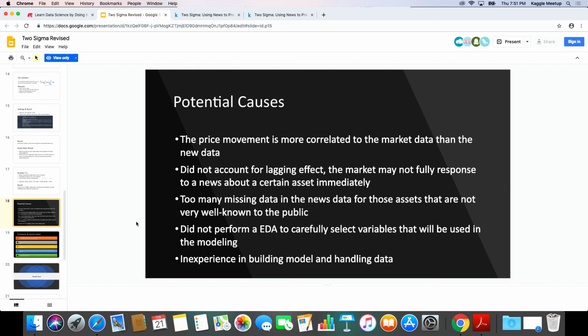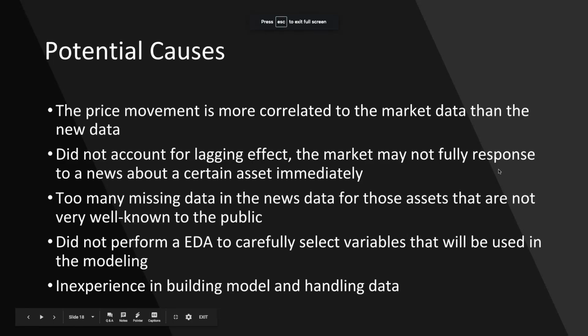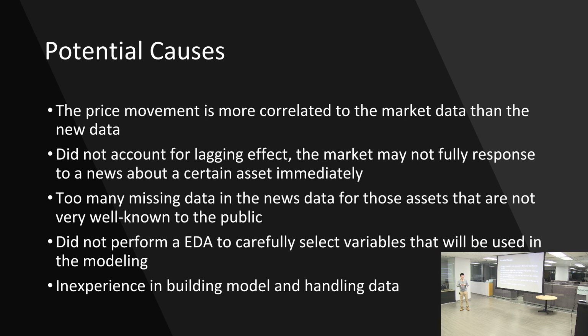When we compiled the first model, the model probably put a heavier weight on the values in the market segment instead of assigning a reasonable amount of weight to the variables in the news data set. That's reason number one. Also, as I mentioned, in our model and in our exploratory data analysis, we did not take into account the lagging effects in the news.